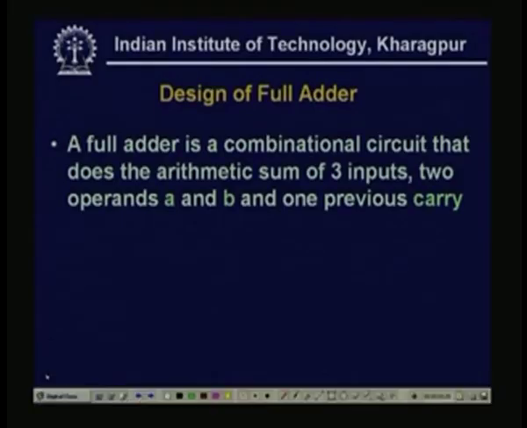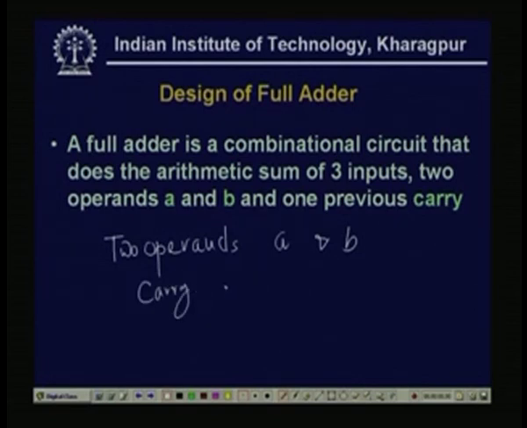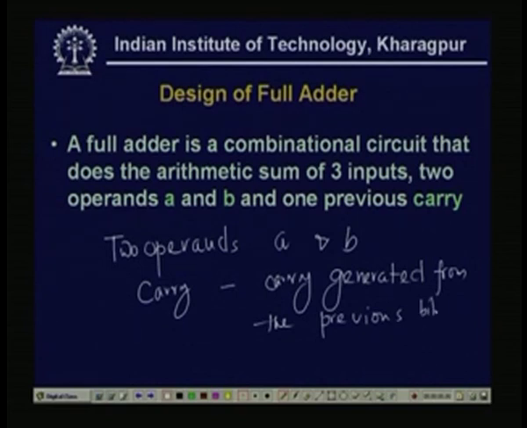So, we can tell that the 2 operands are A and B, and the carry is actually the carry generated from the previous bit addition.